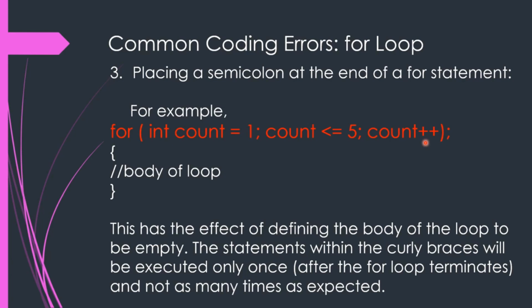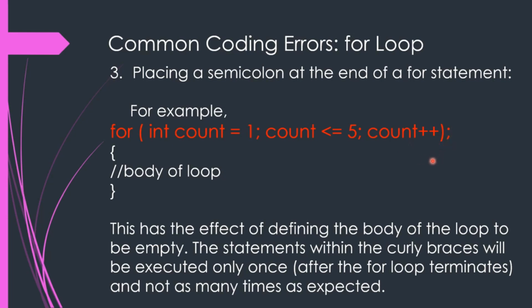Why? Because the body of the loop will be defined as empty. What is the meaning of this? The statements within the curly braces will be executed only once, because here the test condition will be tested once and then it will proceed to the updation part, which means count plus plus. But after it the loop is stopped because we have put the semicolon here.